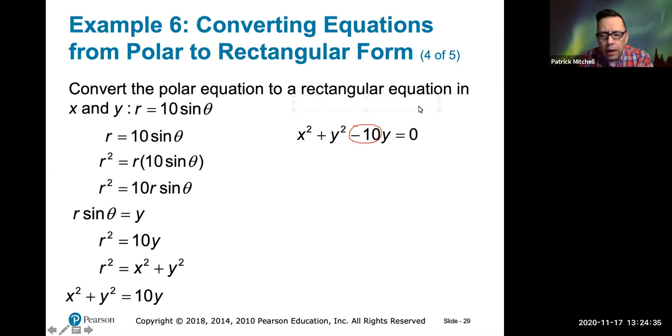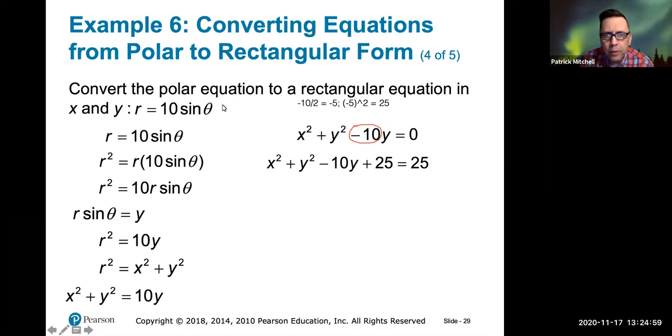I'm going to take that -10 and divide it by 2. And then I'm going to take that -5 and I'm going to square it, which gives me a magic number of 25. I'm going to add that 25 to both sides.